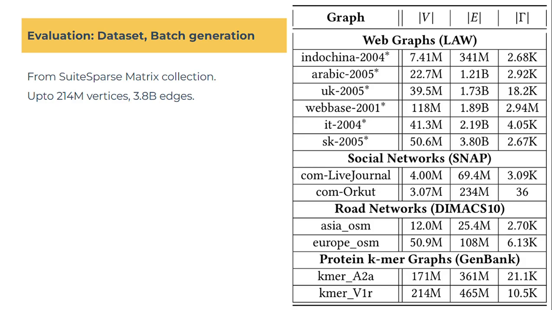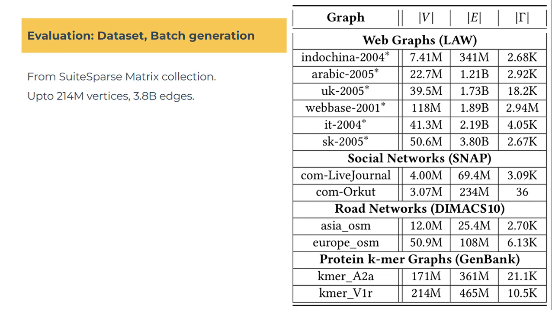We evaluate our approach. Our approach is applied to naive dynamic, dynamic frontier, and delta screening, and we compare it with the static Leiden algorithm on this dataset, which has up to 214 million vertices and 3.8 billion edges: web graphs, social networks, road networks, and protein k-mer graphs.